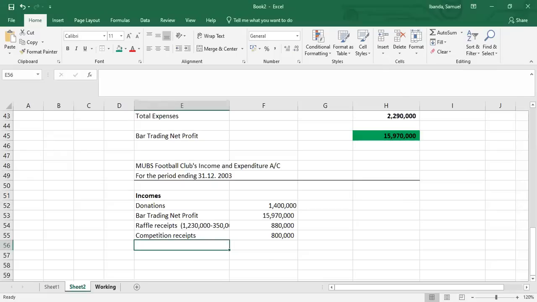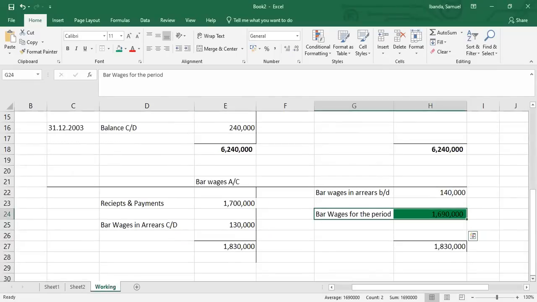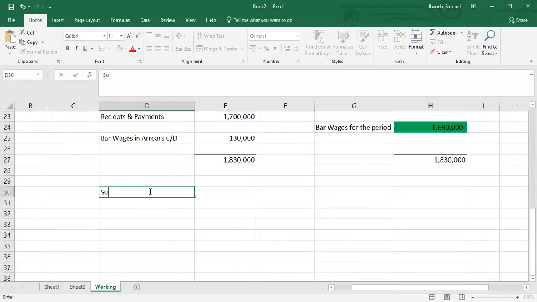So within my working here, I'll say subscriptions. Now, the receipts and payments balance.